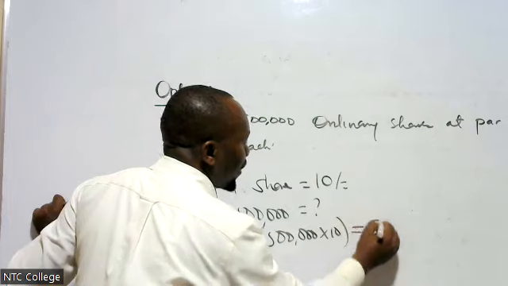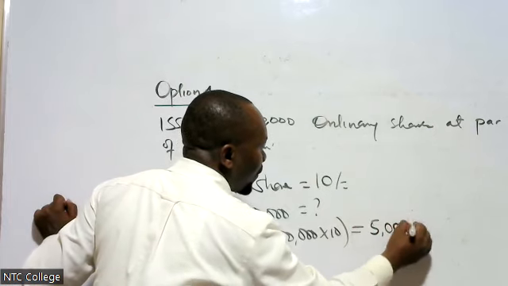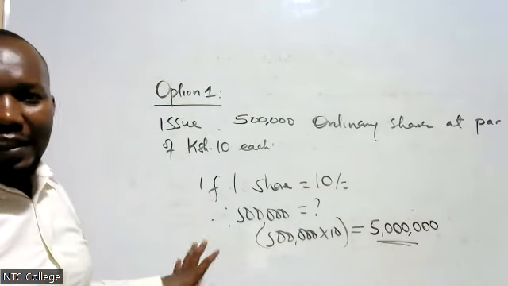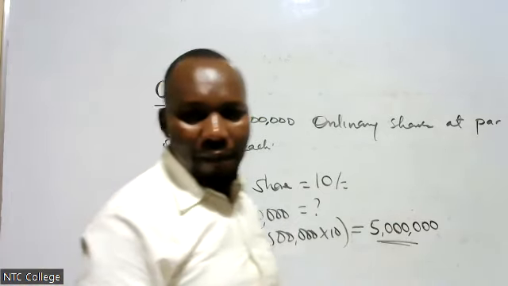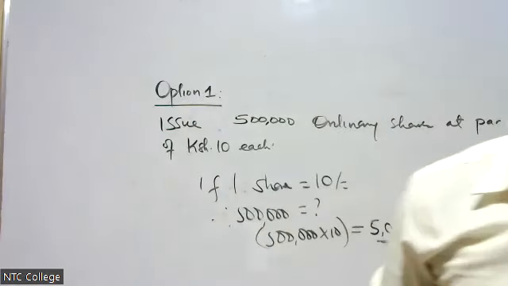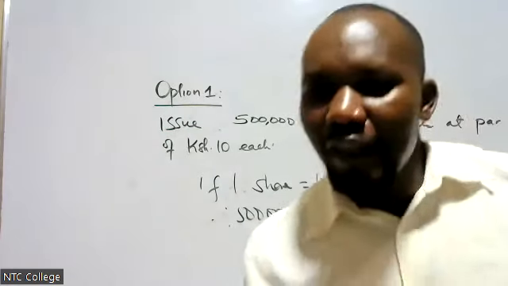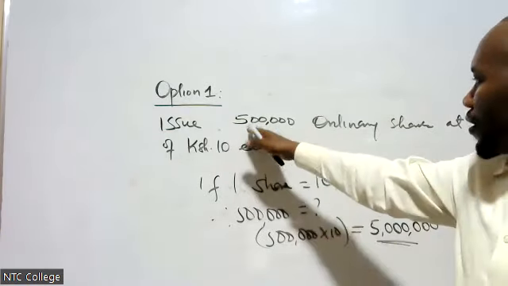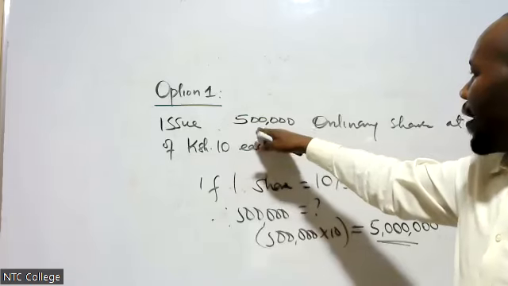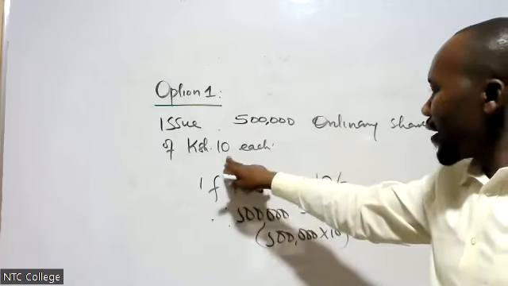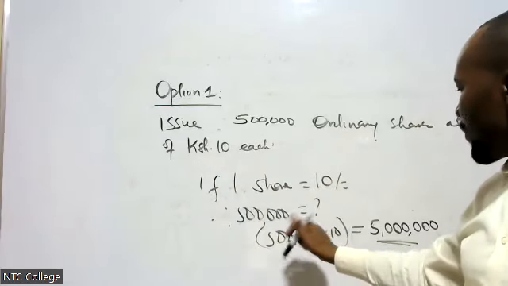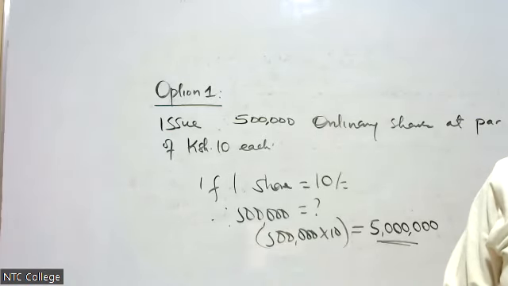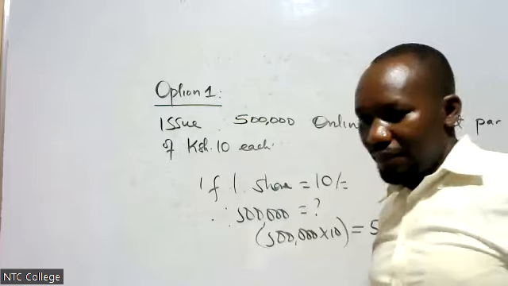BD Limited shall have gotten the 5 million that they are looking for. Is that true? That is the understanding. There is an option of getting 5 million by giving out the shares, 500,000 shares, and each share is 10. So the total should be 5 million Kenya shillings if all the shares were issued.